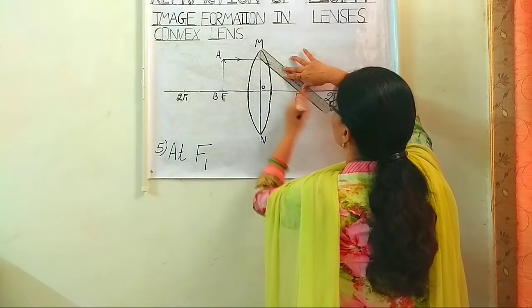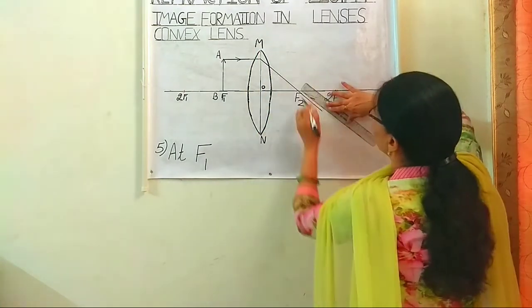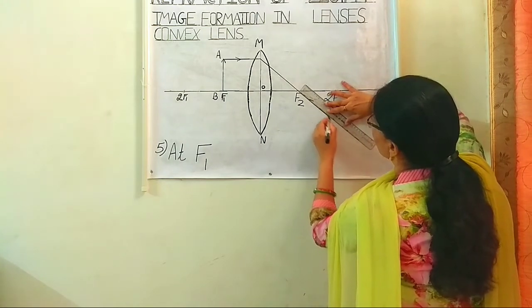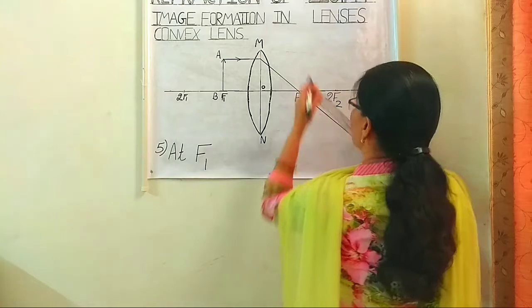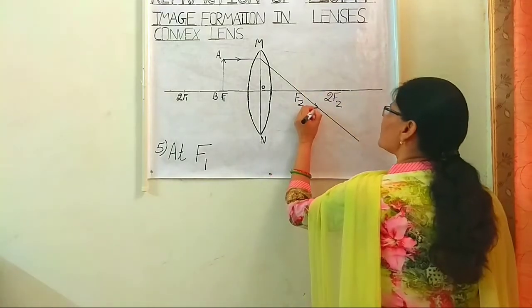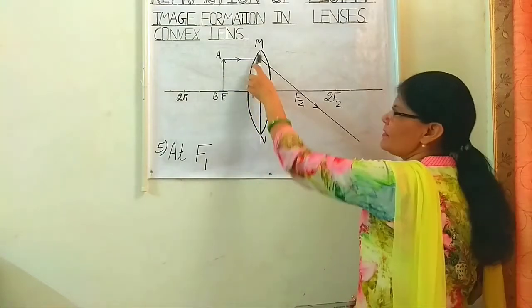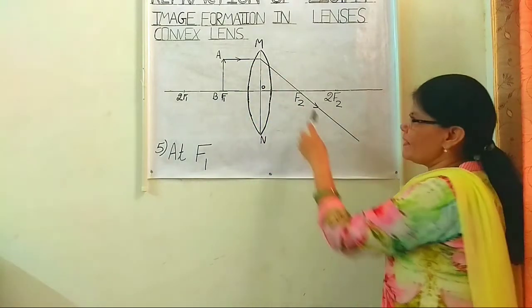This is our refracted ray which will pass through the principal focus after refraction. Let us put an arrow here. So this is the incident ray, an arrow is here, and this is our refracted ray, the arrow is in this direction.